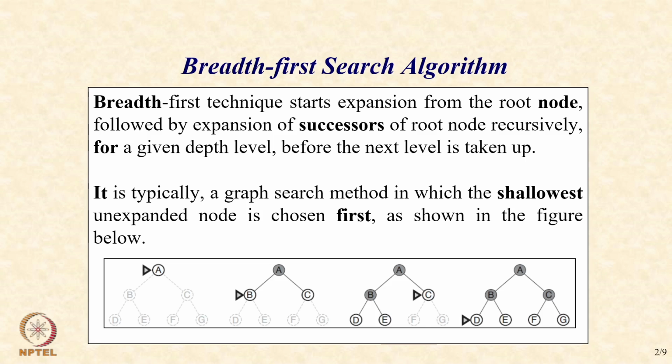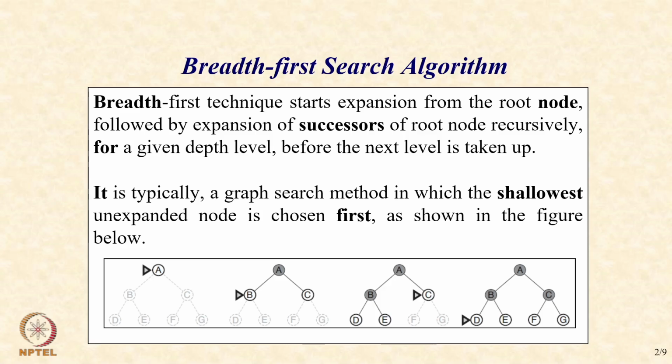Now, if you go from left to right of the figure, you will note that initially the root node A is expanded, whose successors are B and C, and our pointer now shifts to B, because there are no more nodes at the same level as A. So, you go to the next depth level and look at B. Now, when you expand B, you generate its successors D and E, but then you first move over to C, that is where you see in the third graph the pointer at C, you expand those and you get F and G.